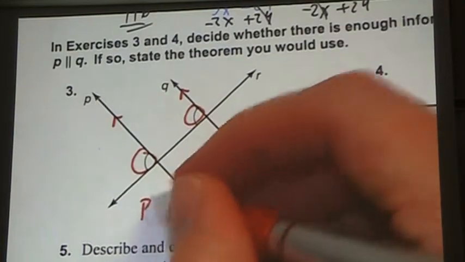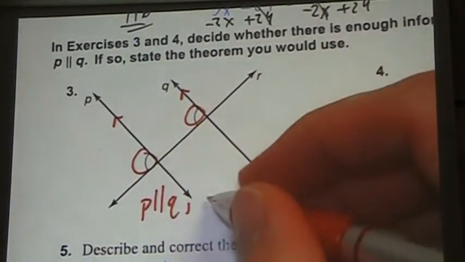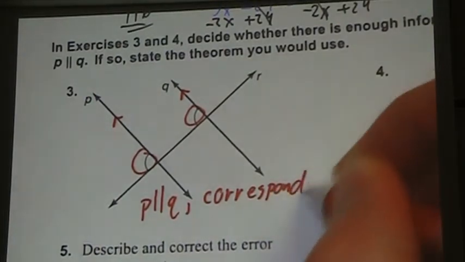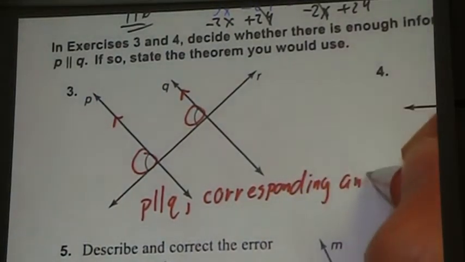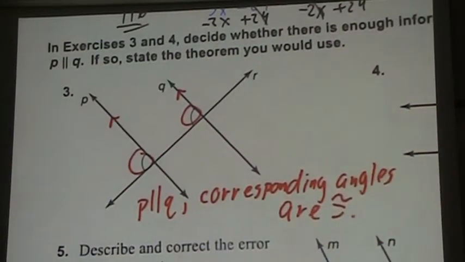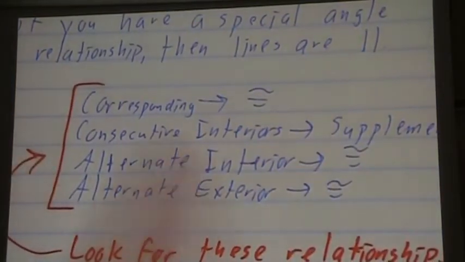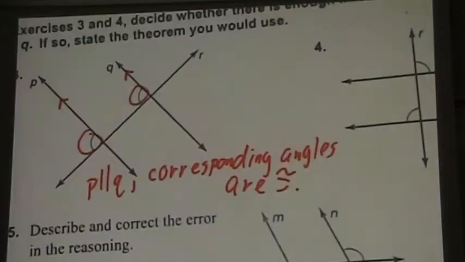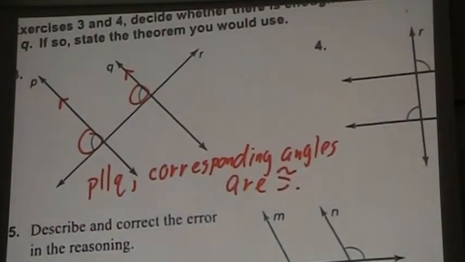So we say P is parallel to Q because corresponding angles are congruent. Again, if we look back at the notes, we're trying to find one of these relationships. If you find one of those relationships, you know you've got some parallel lines. And we found that the corresponding angles were congruent.